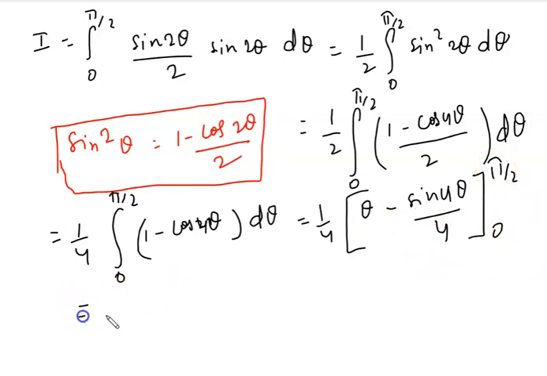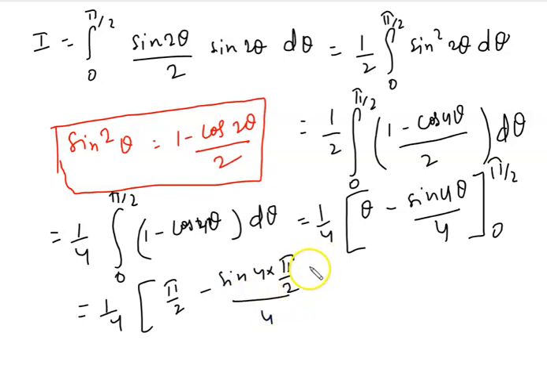So 1 by 4 into, when we put pi by 2 instead of theta, it will become pi by 2 minus sine 4 into pi by 2 by 4, and minus 0, which is also 0, so there is no need to write it. And the sine term is also 0, because sine 2 pi is equal to 0.